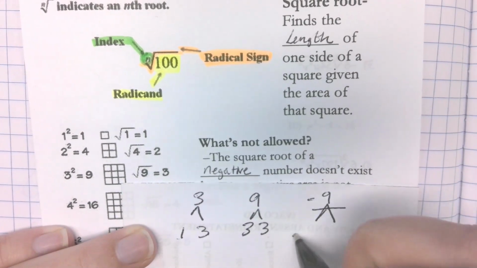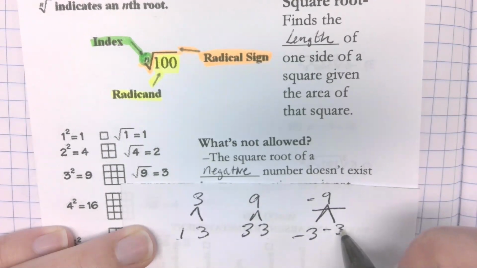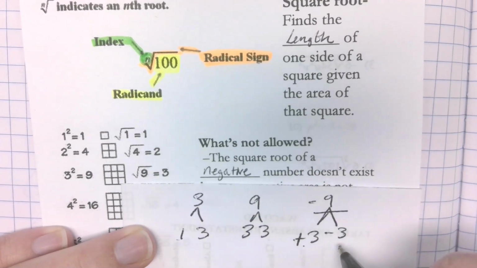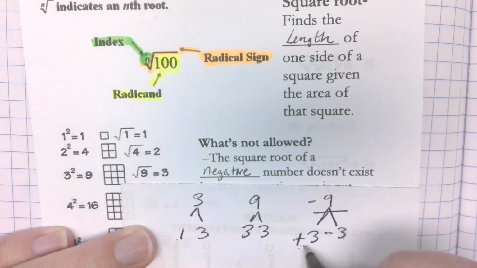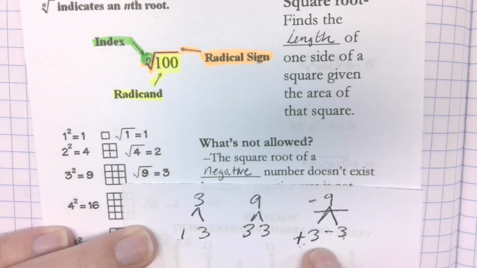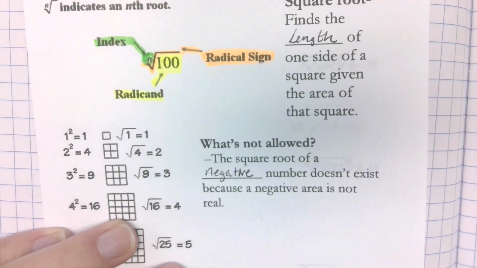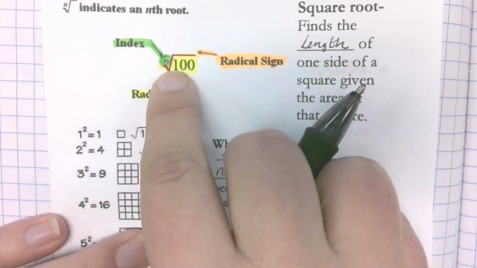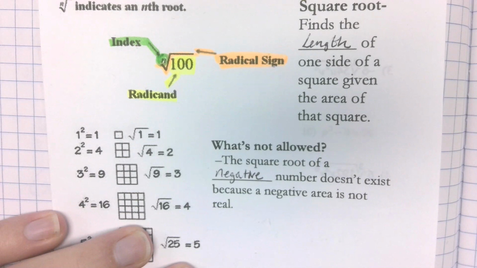If I break that down into negative 3 and negative 3, what's a negative times a negative? A positive. So the only way to get a negative is if they're different signs, which means they're different numbers, which means that it's no longer a square root because they have to be the exact same number. So you can't do it if there's a negative on the inside. Negative on the outside, okay? Negative on the inside, not okay. So far, are we good?